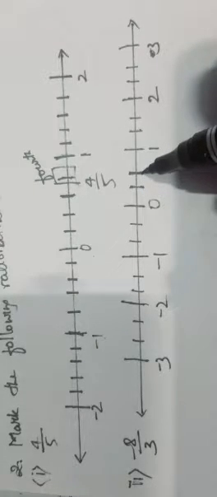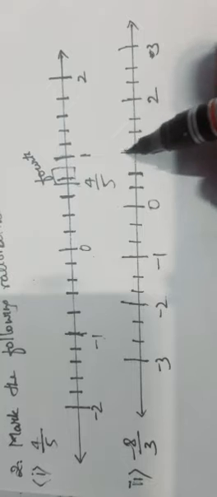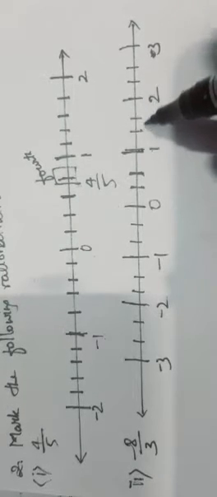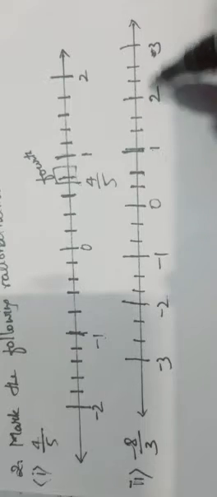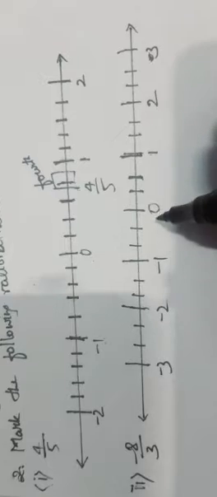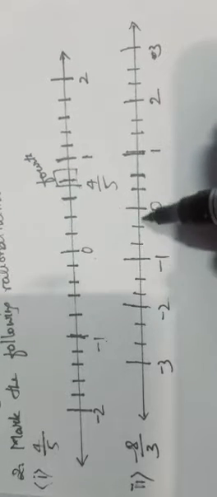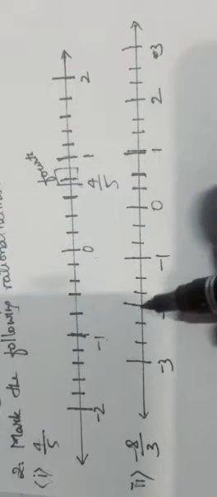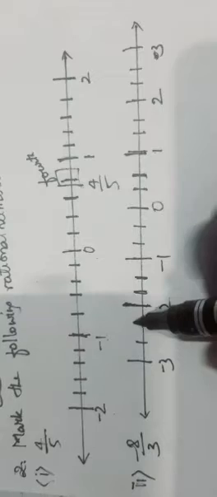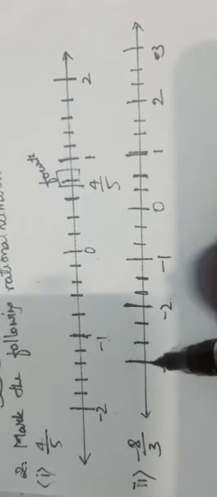From 0 to 1, this division is first division, second division, and this becomes the third division. In between 1 and 2 also I have made 3 divisions. Between 2 and 3 also 3 divisions. To the left of 0, between 0 to minus 1, 3 divisions. Minus 1 to minus 2 again 3 divisions. From minus 2 to minus 3, 1, 2, 3 divisions.